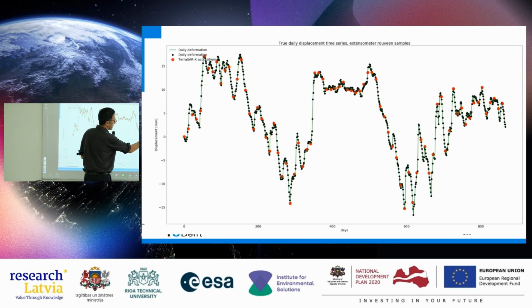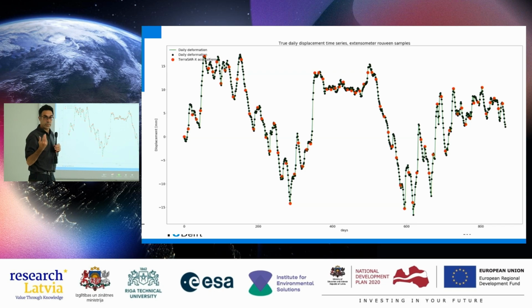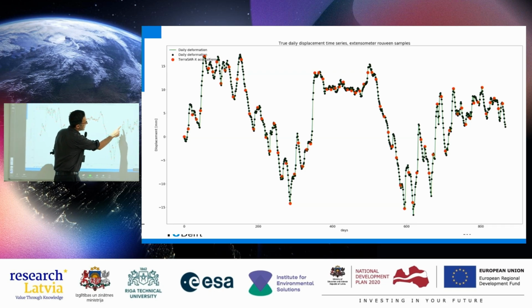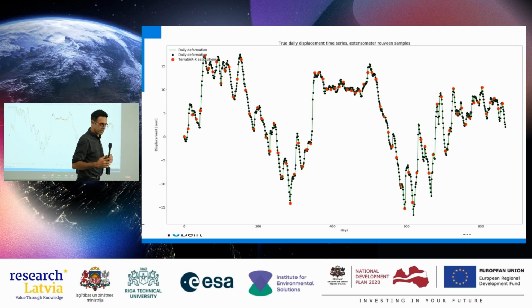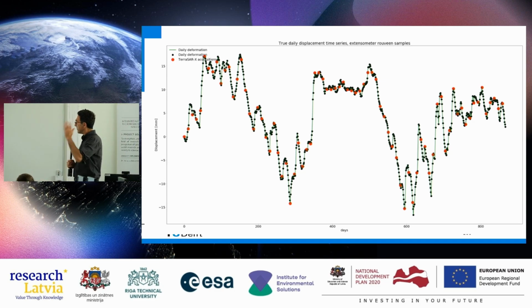There are several peaks which I will not sample, simply because it happens within the cycle of the satellite. The variability of the signal, the peak going down and going up over here, I would completely miss if I only have the TerraSAR-X data. So the first thing with peat is that it is extremely dynamic. Within a day or so, it can move quite considerably.